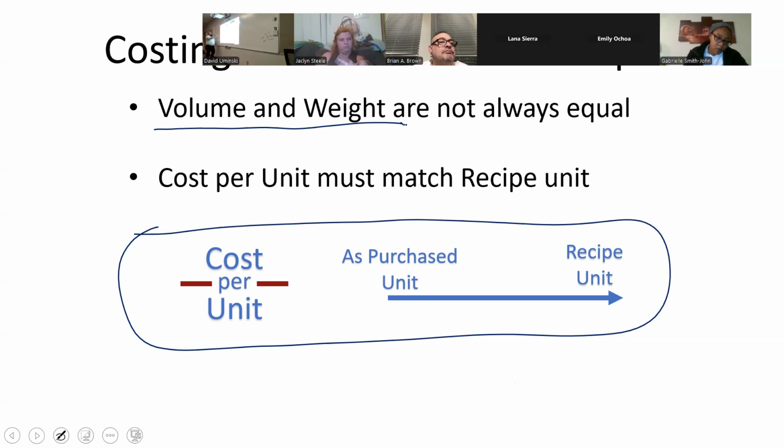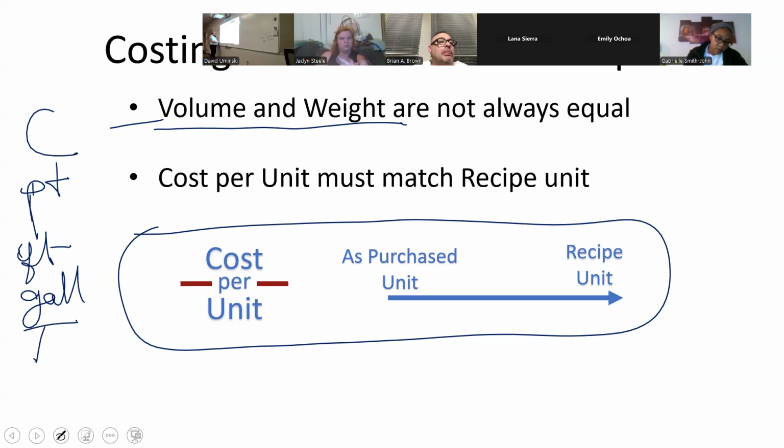Okay. So volume is cups, pints, quarts, gallons, tablespoon, teaspoon. Those are all volume measurements.